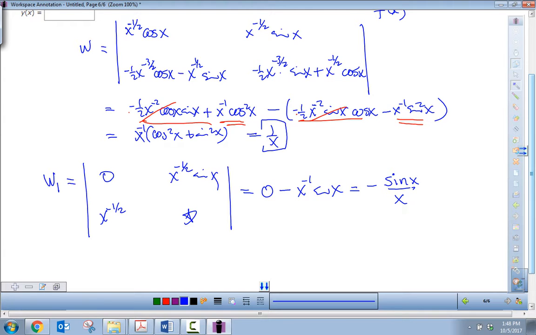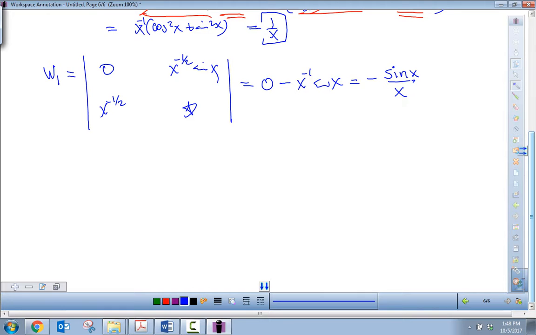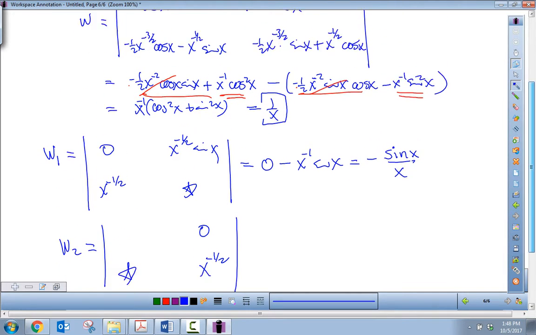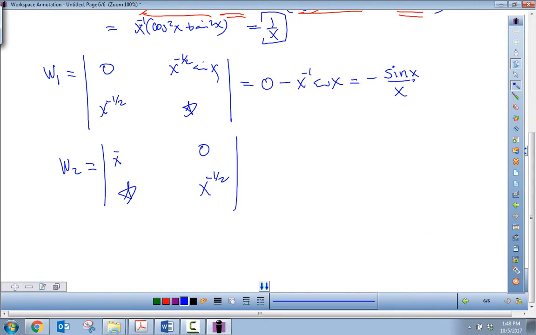All right, let's do W2. Again, we have 0 times x to the negative 1/2, and the wings here wouldn't matter because when you multiply by 0, it'll disappear. So the only thing that would matter is this top part, x to the negative 1/2 cosine x.